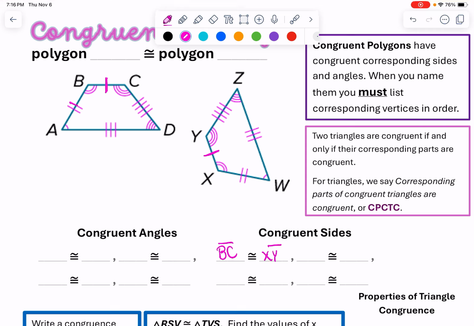Likewise, two tick marks signify that segment AB is congruent to segment XW because they both have two tick marks. To show that segment AD is congruent to segment WZ, the three tick marks denote that those two are congruent to each other, but not necessarily congruent to anyone else.